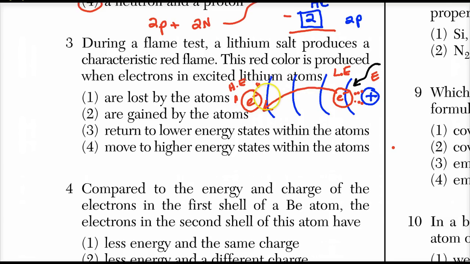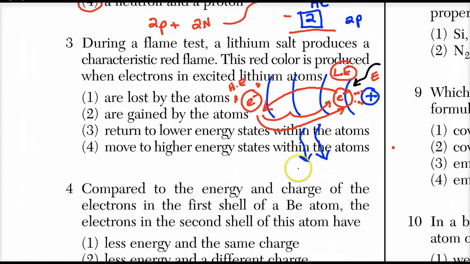But that's only half the story. The other half of the story is because of this high energy state and being unstable with high energy, they eventually leap back, sometimes in one big leap or in smaller leaps. And these leaps mean that they're going to lose energy as they get closer to the nucleus. So therefore, energy is going to have to be released as they jump back.